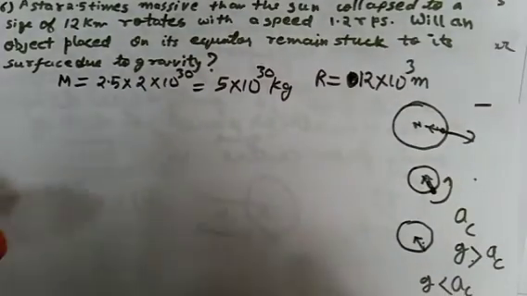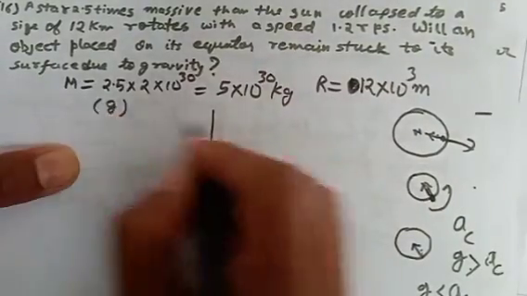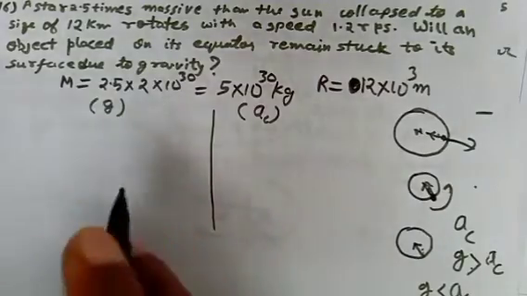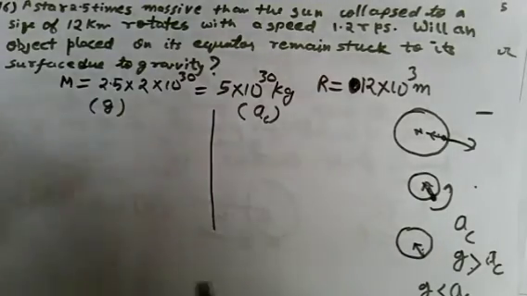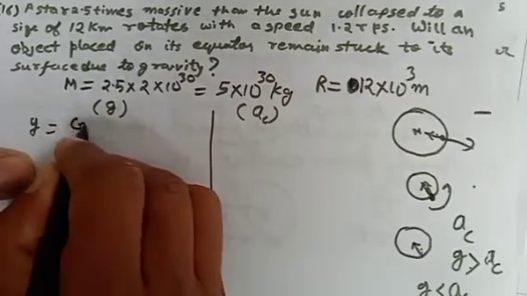So first side we will find it for g, other side for centripetal acceleration, and we will see कि g से उतना centripetal acceleration मिल पाएगा या नहीं मिल पाएगा. So we know g equal to GM upon r square.